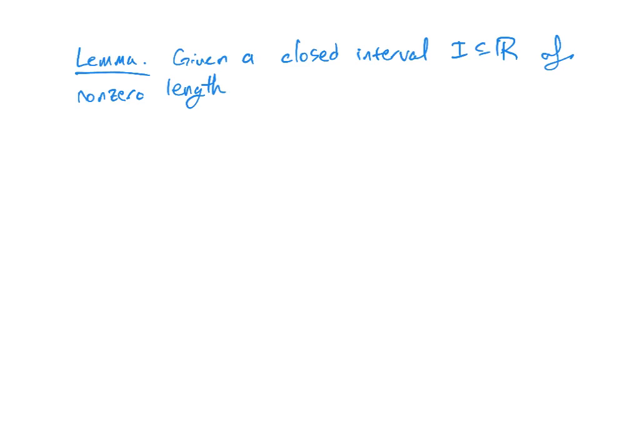Singletons also have zero length, okay? So I want to get rid of both of those. Now, some people would just say, given a closed non-degenerate interval, that'd be fine too. Okay? And so we're given a closed interval that actually has some stuff in it, more than one thing in it.